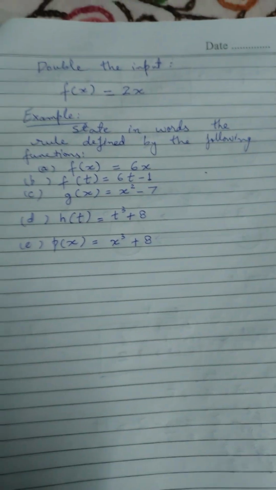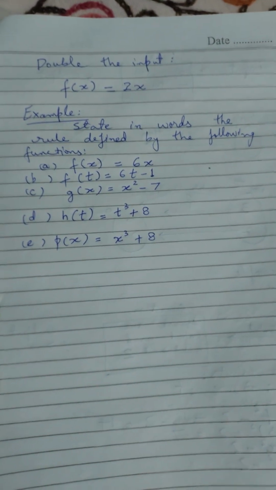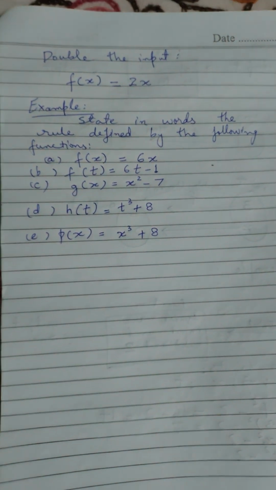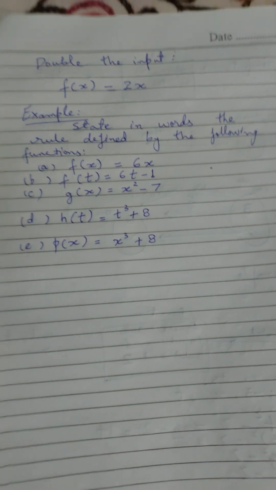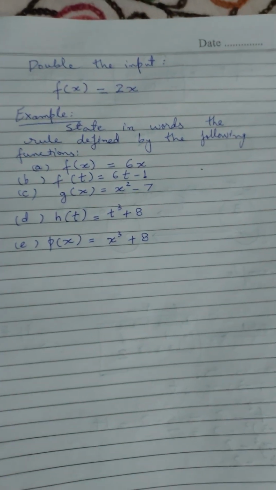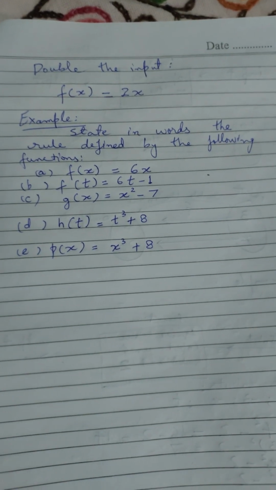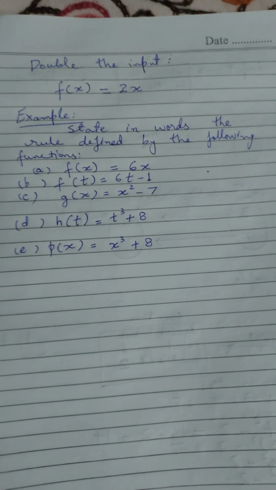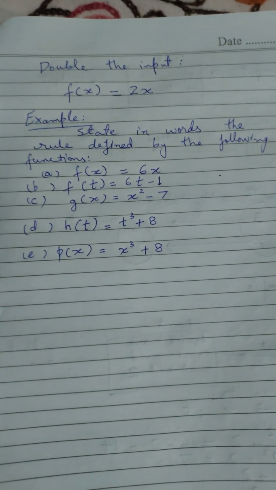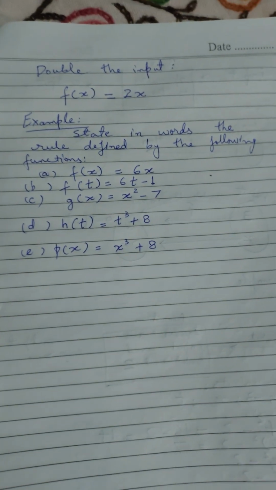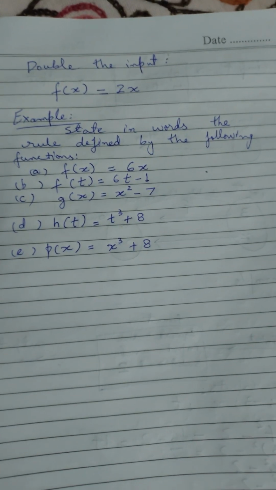Now this is another example. Here the function is given in mathematical form, and now we have to state the rule that is defined by these functions. So the first part is f of x is equal to 6x.